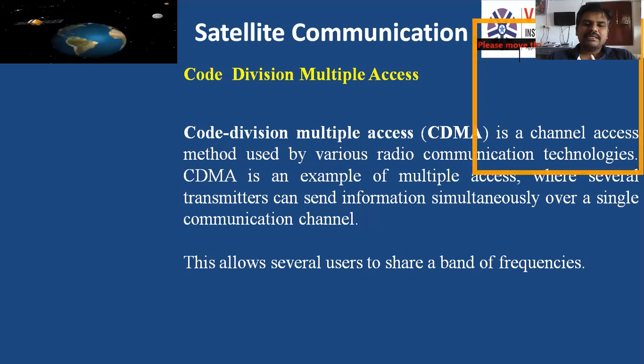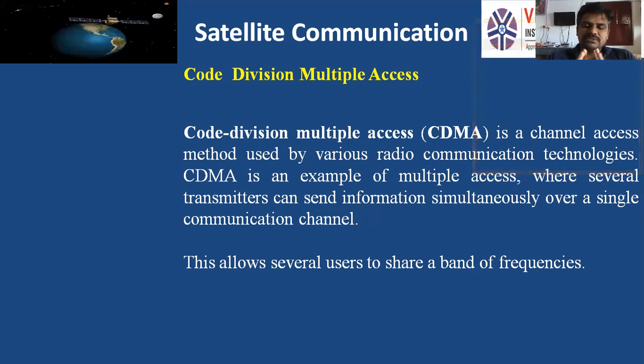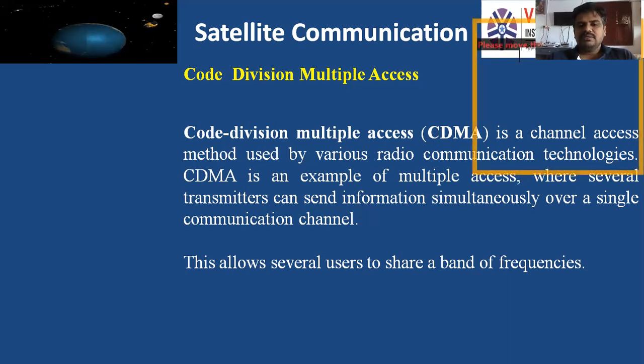There is another drawback in TDMA. For example, there are 10 users. The first user has accessed the bandwidth, and he has to access the bandwidth once again. If this is the condition, he has to wait until the 10th user has accessed the bandwidth of the satellite.